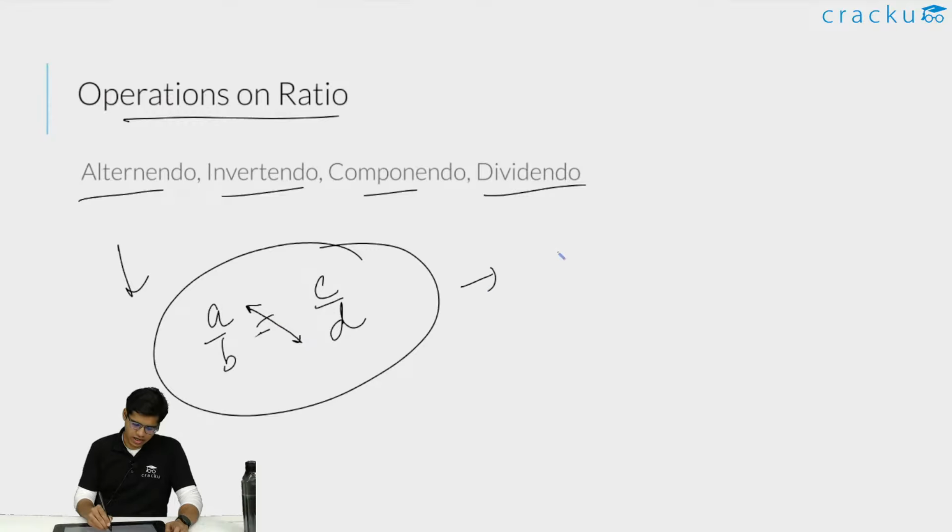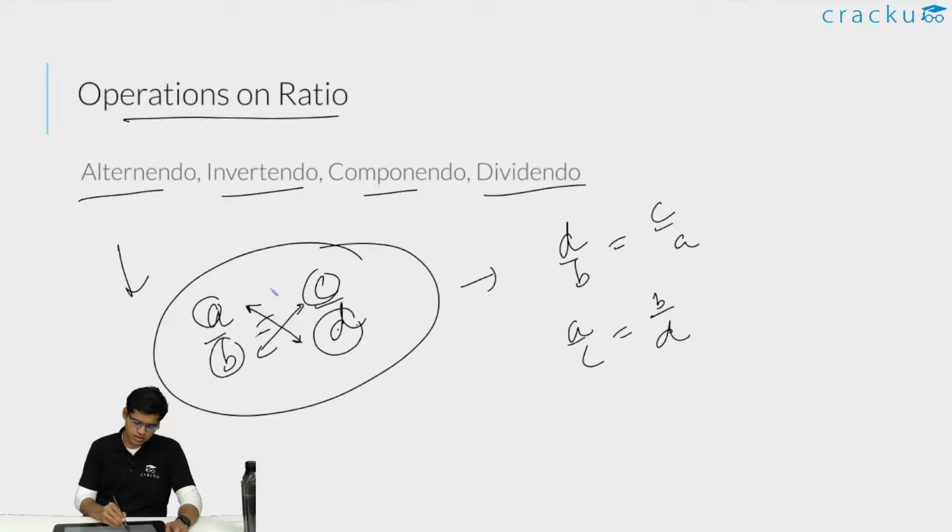This I can write as d by b equals c by a, right? Or I can do like this, a by c equals b by d, right? So we are alternating these positions, this swapped by this or this swapped by this. This is alternando.